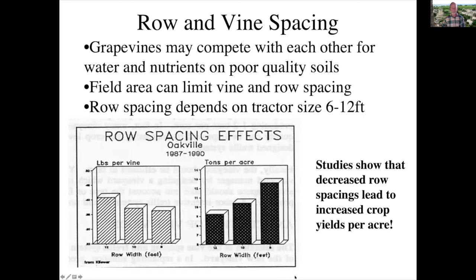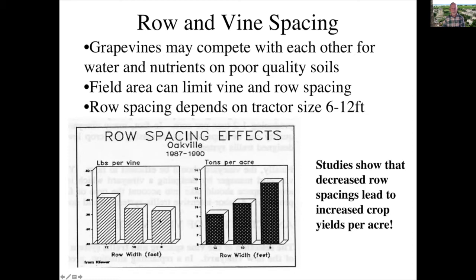In the bottom figure here, you can see the impacts that row spacing can have on grapevine production. Here on the left, we see the pounds of fruit per vine. And as the row width goes from 12 feet to 10 feet to 8 feet, we see that the number of pounds of fruit per vine decreases with decreasing row width.